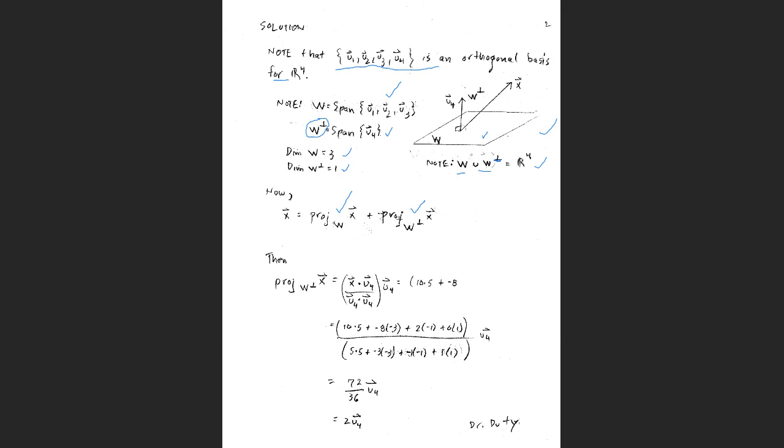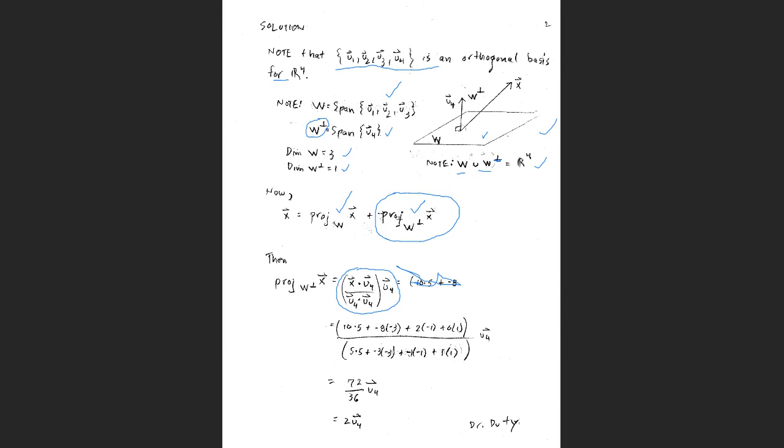Okay, so now what I'm going to do is find the projection of the vector x onto the W perp space. That is just going to be equal to the coefficient defined by x dot u4 over u4 dot u4 times the vector u4.